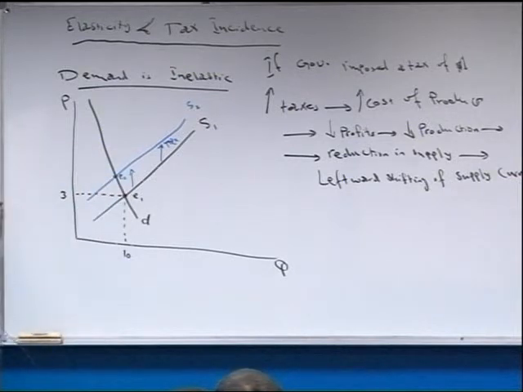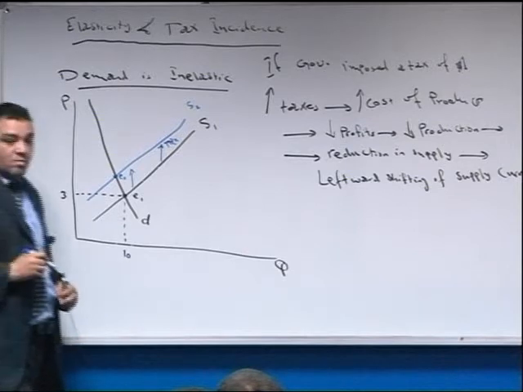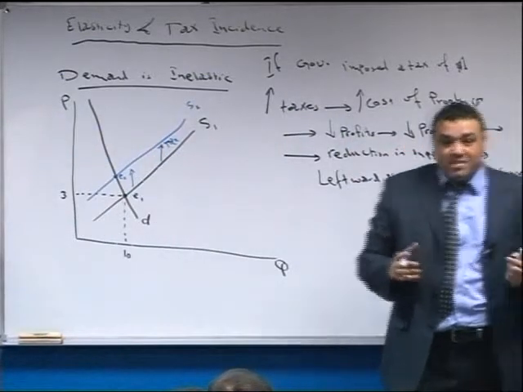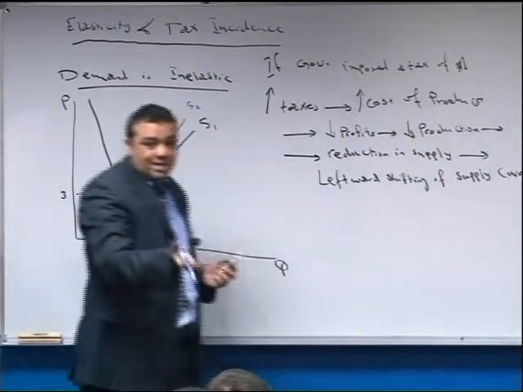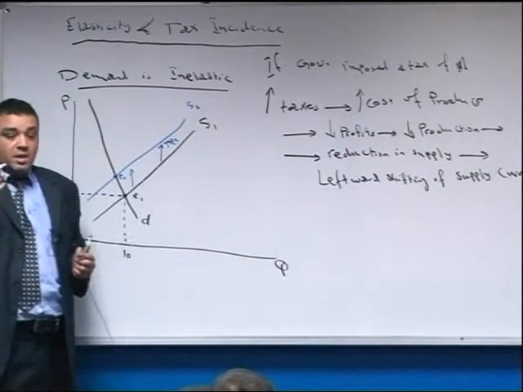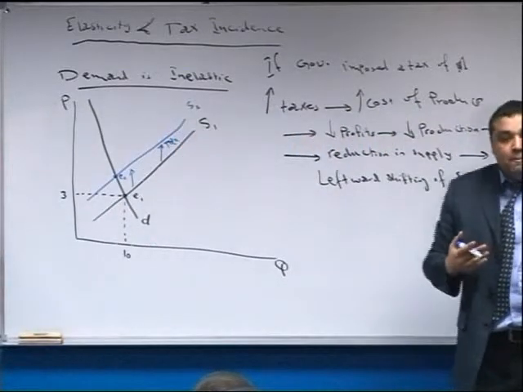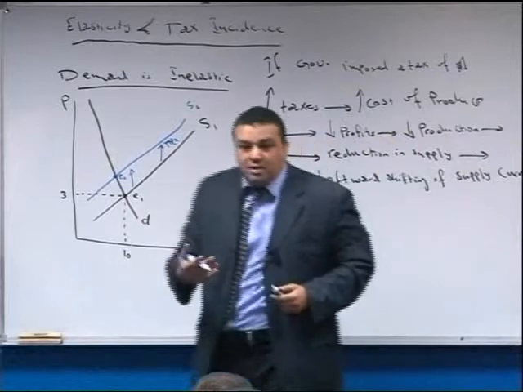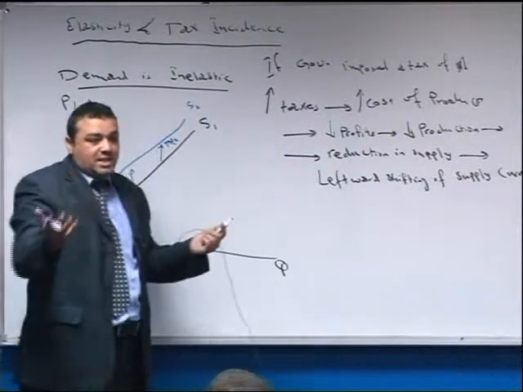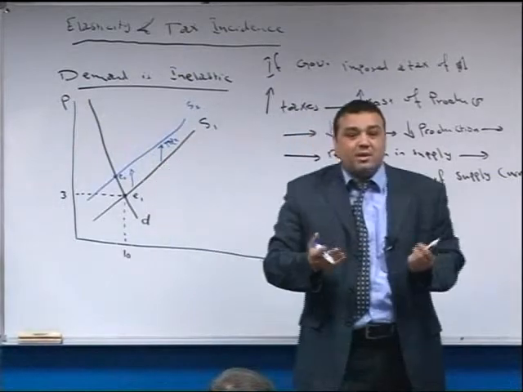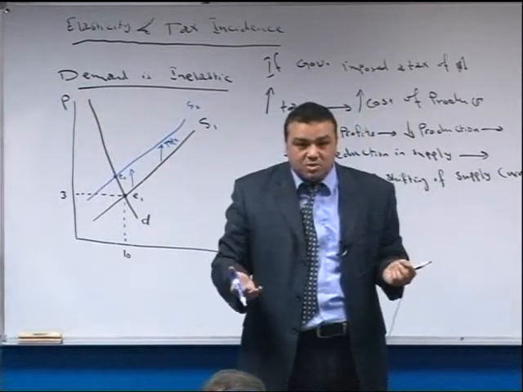The question is, does the producer have the capacity to sell the product at 4? Or can he make the consumer pay all the taxes? Or is he going to pay all the taxes as a producer?